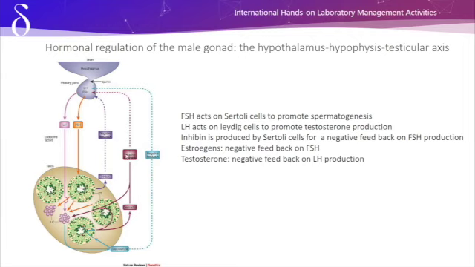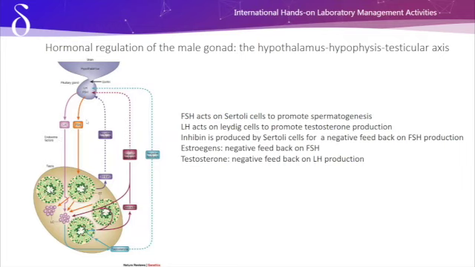The axis is regulated by a negative feedback, which is set by testosterone. Testosterone exerts a negative feedback on the pituitary gland to limit the production of LH.